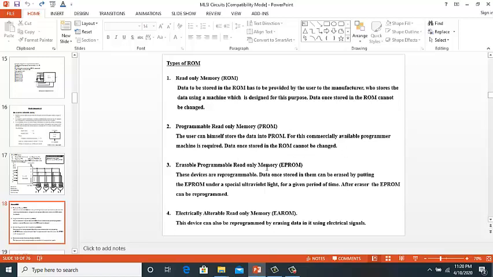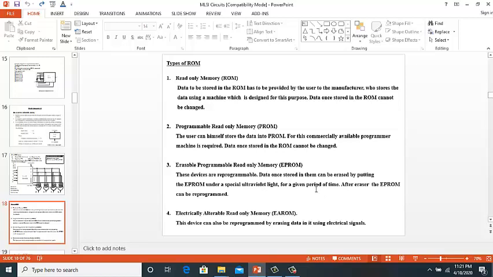Now there's another type of ROM which is known as erasable programmable read-only memory, EPROM. Now the advantage of this is that once you burn the data into your ROM and you want to change the data later on, if there is some mistake, then you can erase the previous data stored and put down your new data into this ROM.